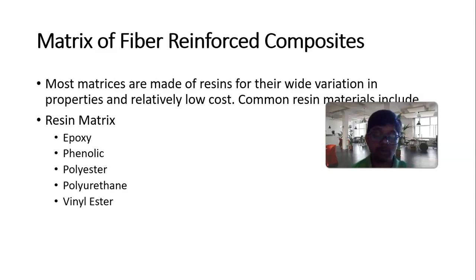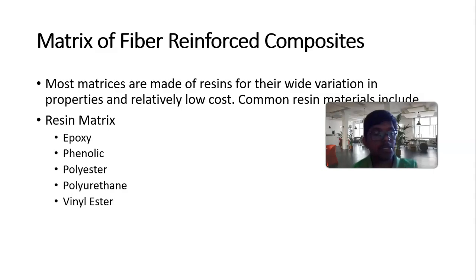Okay, so the polyester is coming under the category of thermoplastics, and as well as the polyurethane, it is also a thermoplastic. Polyester is coming in the thermosetting. Okay, so these are the kinds of resin matrices which we commonly use for manufacturing the fiber composites.